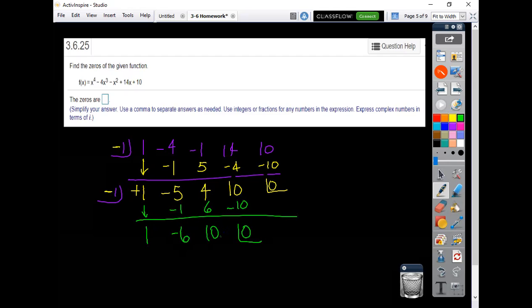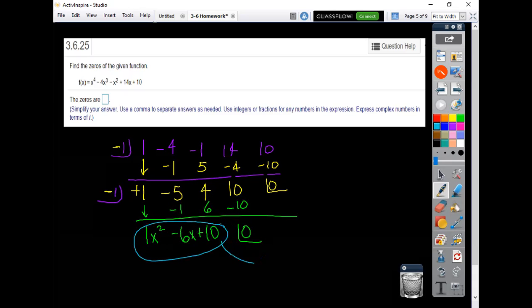So that's remainder. These are numbers, these are x's, these are x squareds. So we have x squared minus 6x plus 10 for what's left over.